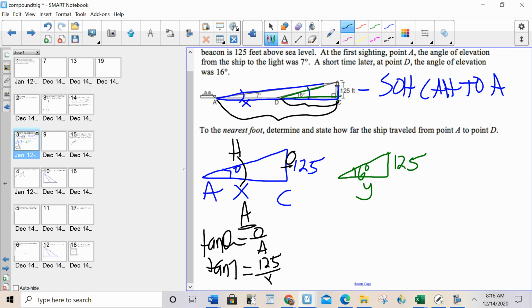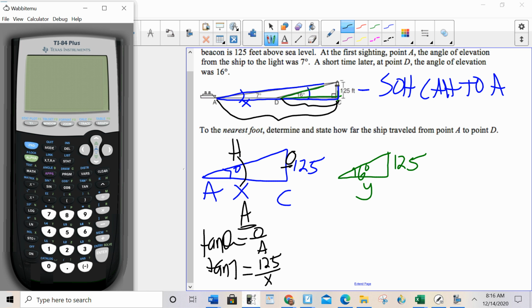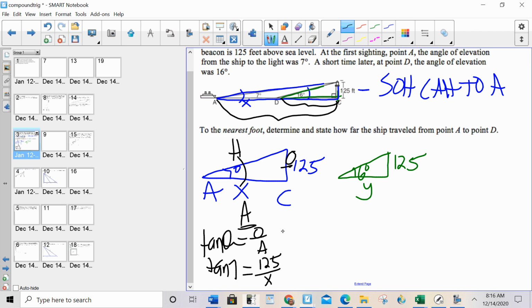A is X. Because I'm finding a side, I'm going to be cross multiplying. So let's turn my calculator on. There we go. So let's make sure I'm in the proper mode. Yes, I'm in degree mode. So I'm going to type in tan 7. I'm going to get 0.1227.